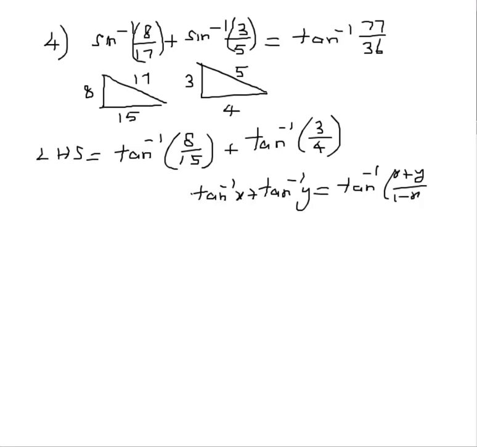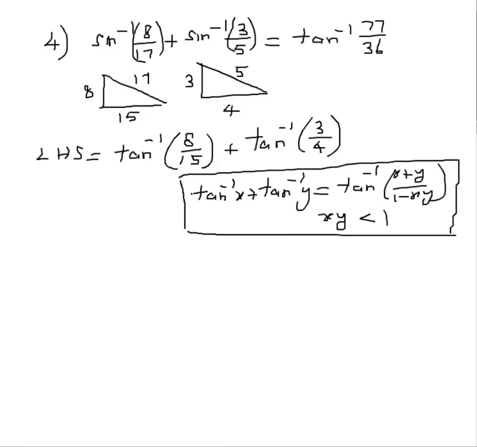And we have a condition for this formula, xy is less than 1. Check whether the condition is satisfied. Yes, it is satisfied, because 8 by 15 into 3 by 4, 6 by 15, is less than 1. So I can use this formula.